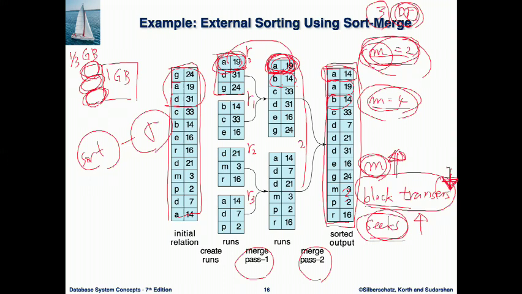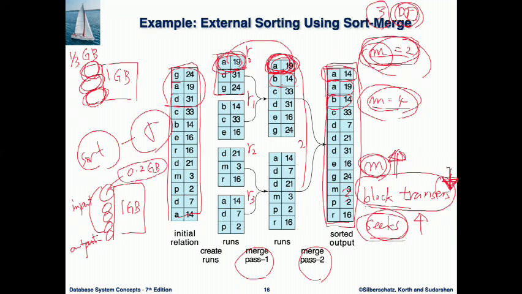But when M is 4, then you have 1 gigabyte of memory, and you are going to have 5 buffers in this case. 4 buffers for input and 1 buffer for output. Therefore, in this case, you are going to have 0.2 gigabyte used for each buffer.